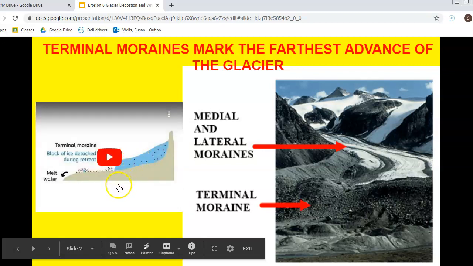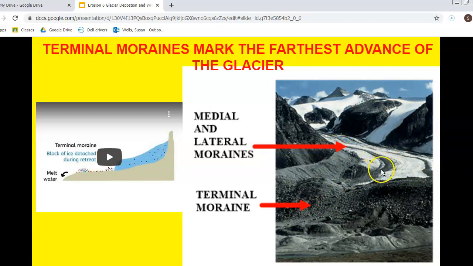It is not. It's just melting back. So here you have the terminal moraine, but when it moved back, it developed a recessional moraine. And this sign is pointing out, here's my terminal, here would be lateral moraine, here would be the medial moraine.